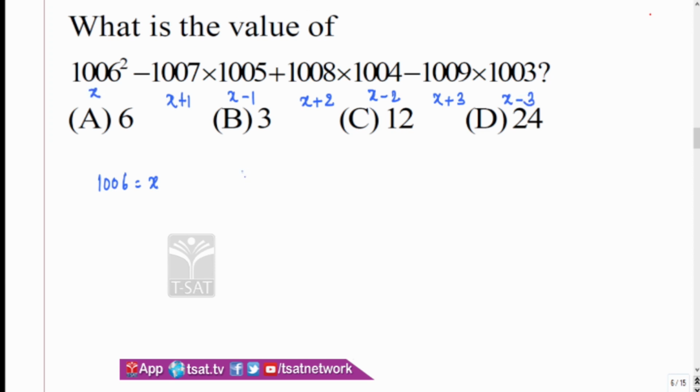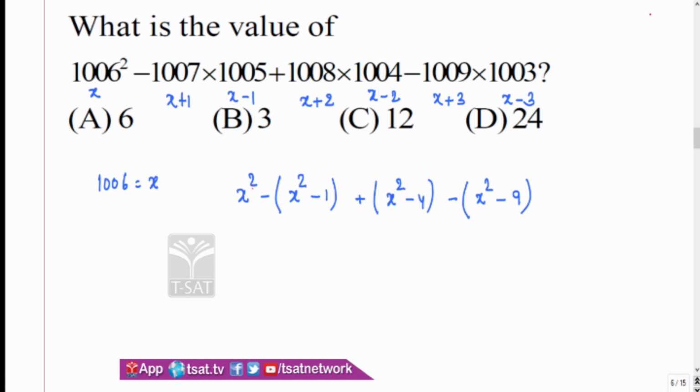Now we know what is (a plus b) into (a minus b). First, (x plus 1) into (x minus 1) is x square minus 1, plus (x plus 2) into (x minus 2) is x square minus 4. Then after minus, x square minus 3 square, that is 9.